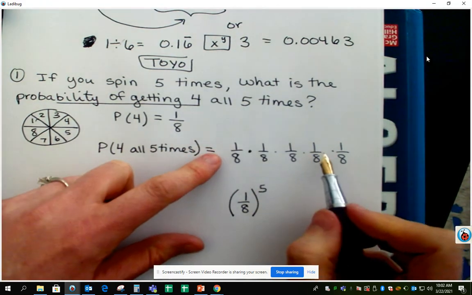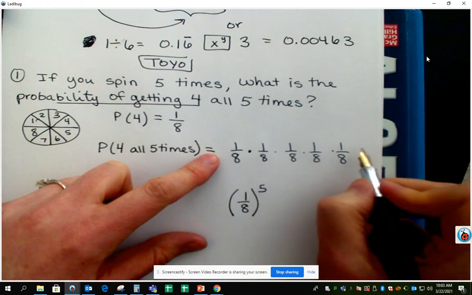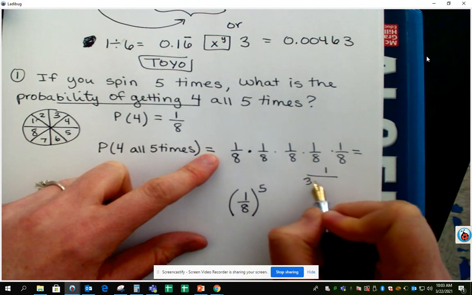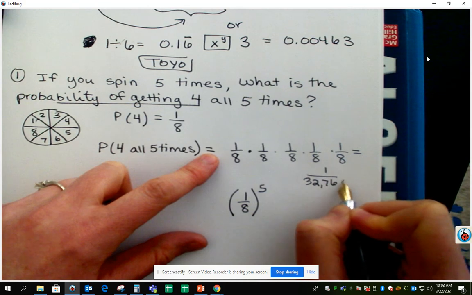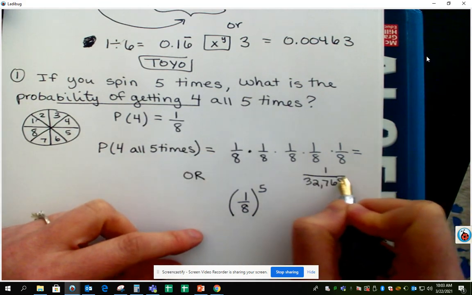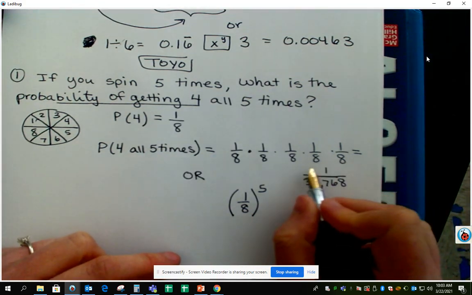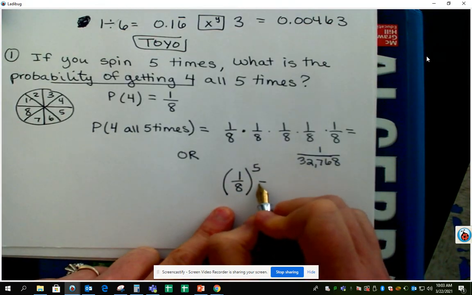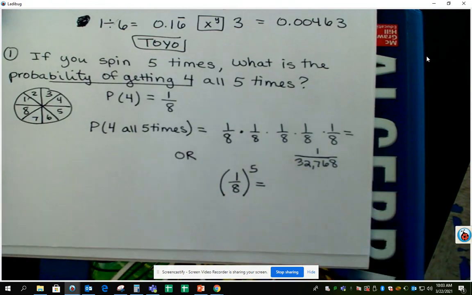If you did the fraction way and you multiplied all those 8s together, you're going to get 1 over 32,768, and then you can divide that to get your answer, 1 divided by that. If you do this and you put it in your calculator, let's go through that process.